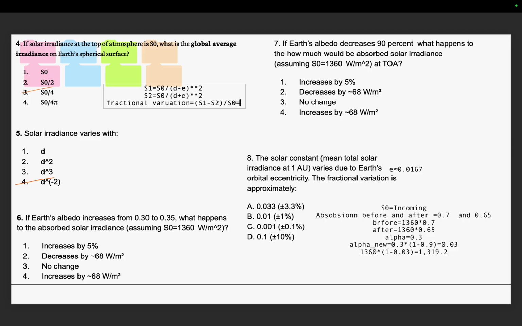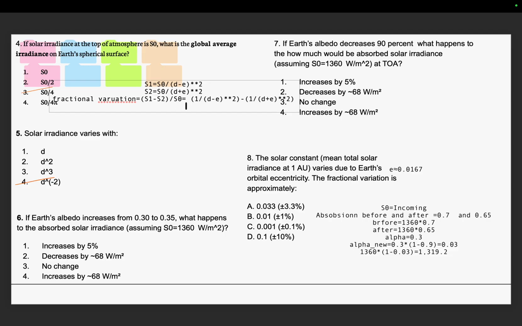So you can mathematically write it as 1 by d minus e square, this term, minus 1 by d plus e square.